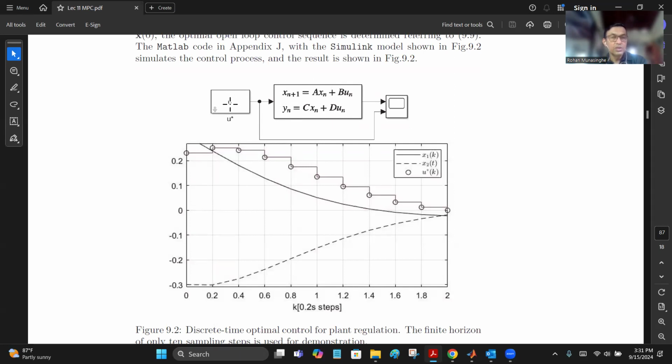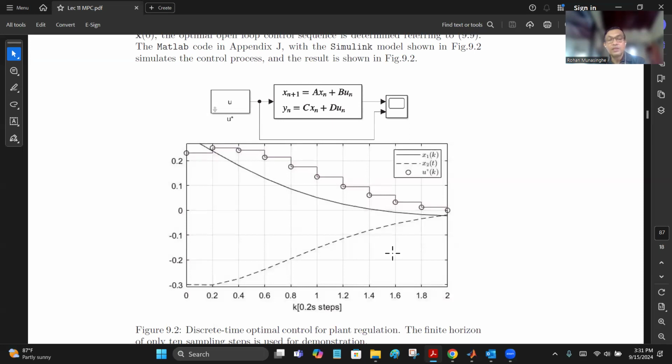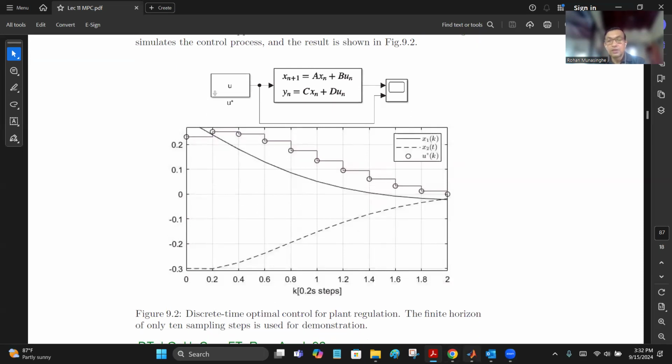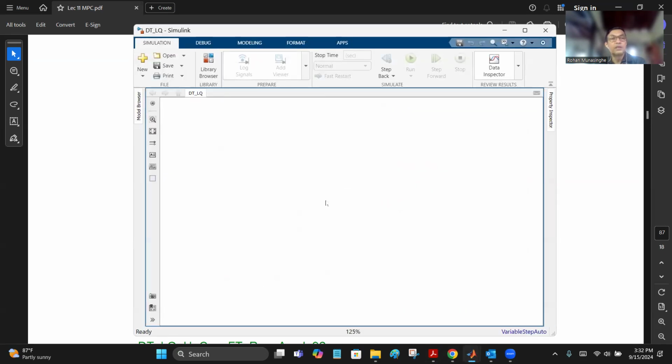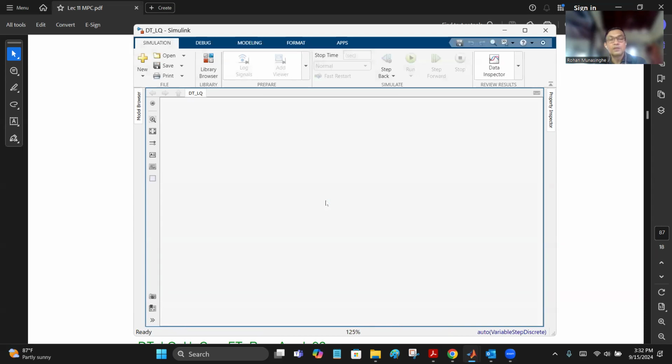Okay, and this U is optimal. This U is optimal, U star, right? And this is actually the result. If you go back to MATLAB, still running, you get this result, right? You can see it over here. We started off with, remember, okay, now MATLAB is back and is running the code.